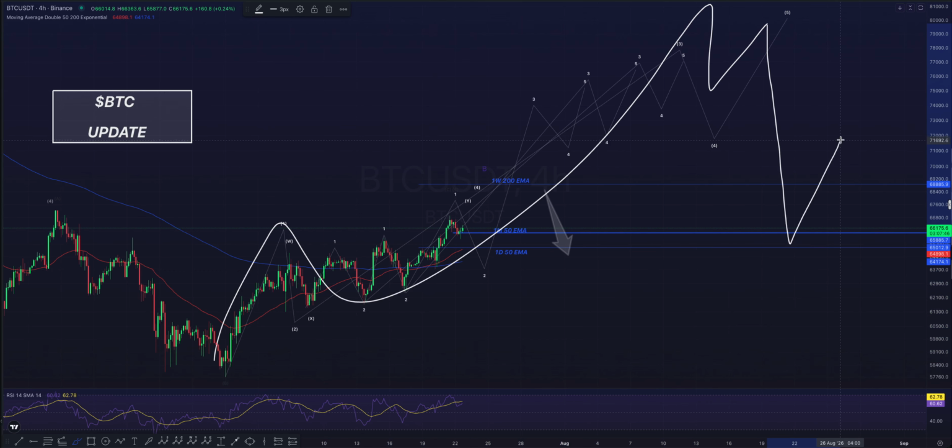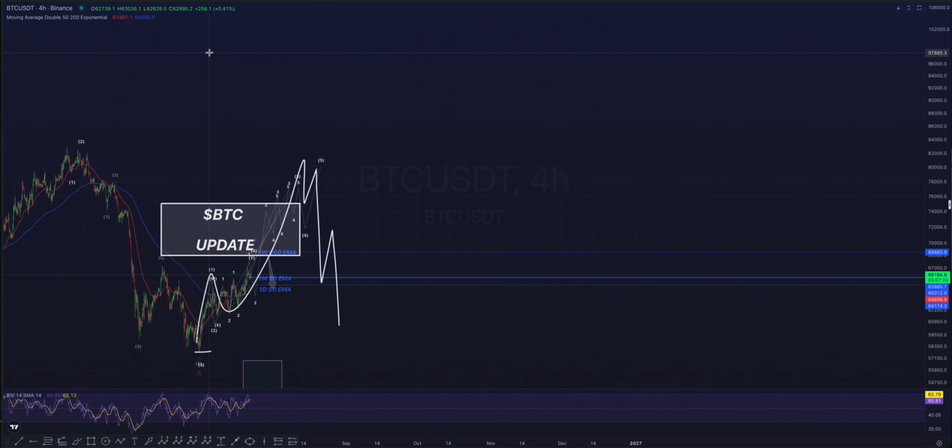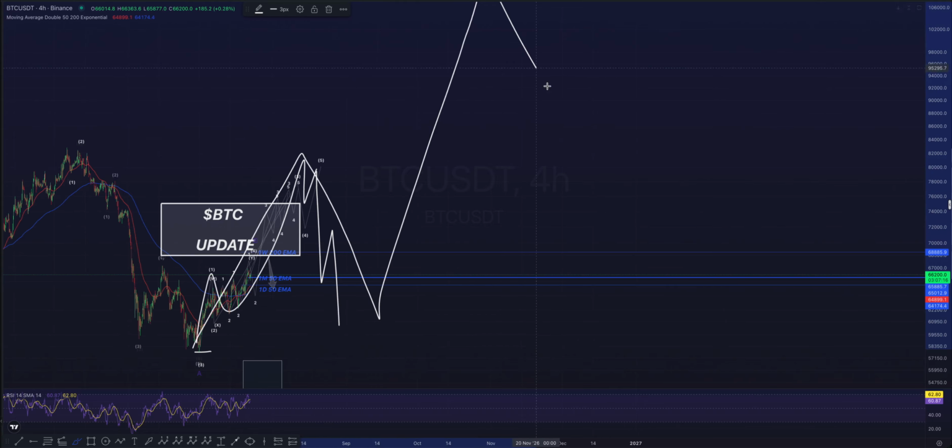Then it can retrace in a three-wave move down, but cannot go below this previous low at 57.8K. And that's how this would be able to become a five-wave move up. And on a larger degree, this would then become a 1, 2, 3, 4, 5.